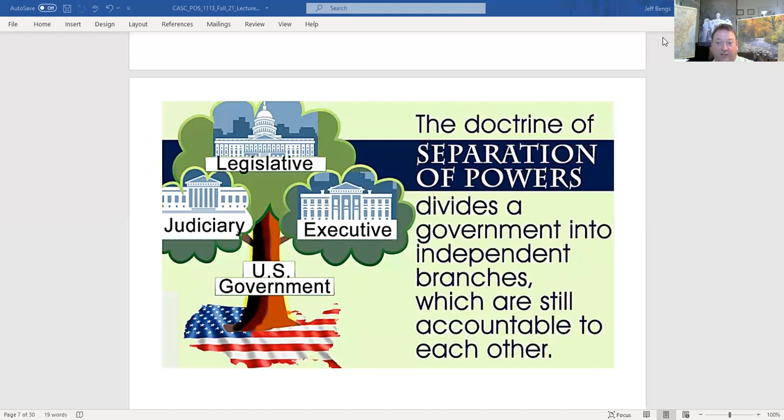And it wasn't until 1791 that the last 2 states, I believe North Carolina and Rhode Island, finally ratified it.